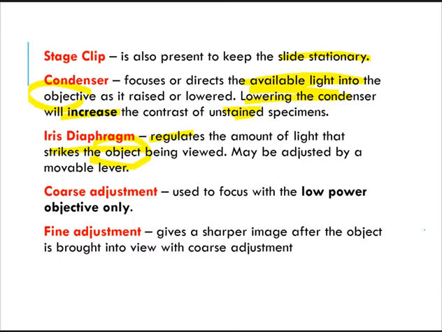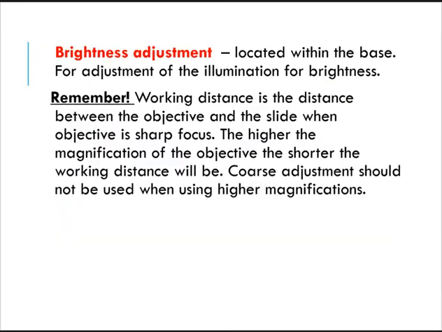The fine adjustment knob gives a sharper image after the object is brought into view, and it is used only with both your HPO and oil immersion objectives. So HPO and OIO, oil immersion objective. Coarse adjustment is for your LPO. I hope that is clear, guys.